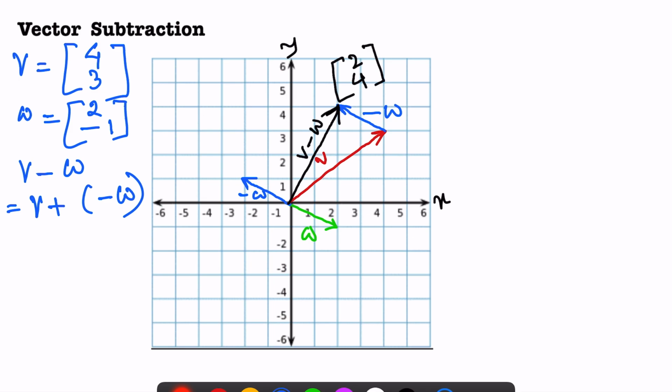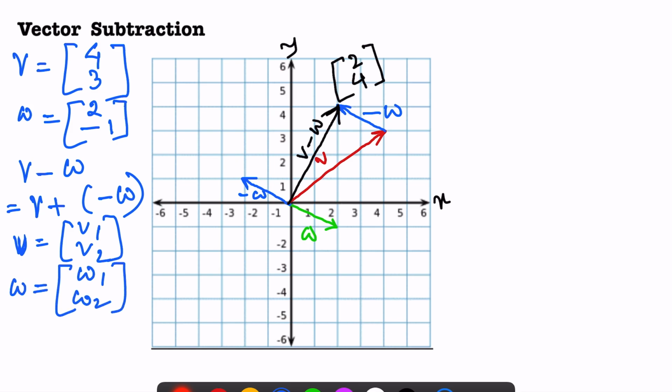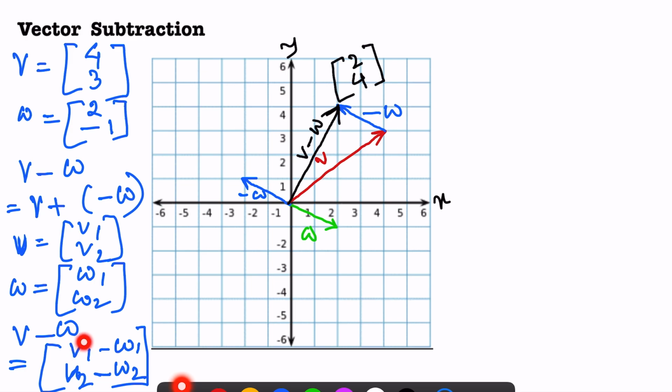So if we have one vector v, that is v1, v2, and one more vector w, that is w1, w2, then v minus w will be v1 minus w1 and v2 minus w2. So this is x update of v minus x update of w, and here y update of v minus y update of w.